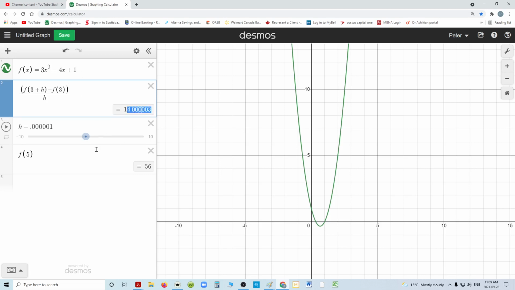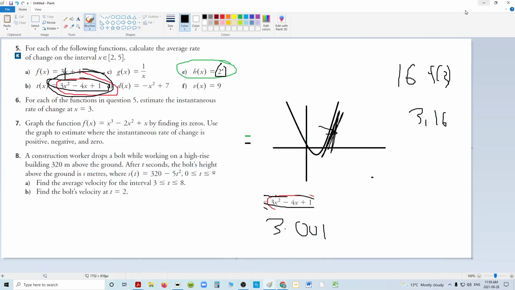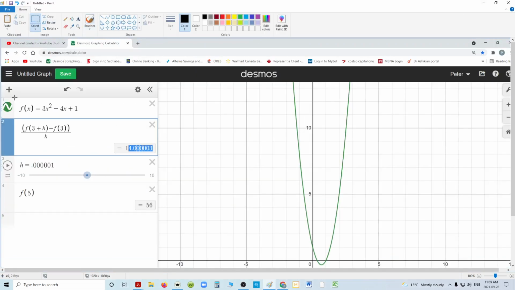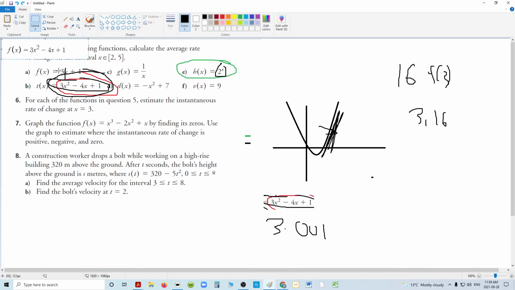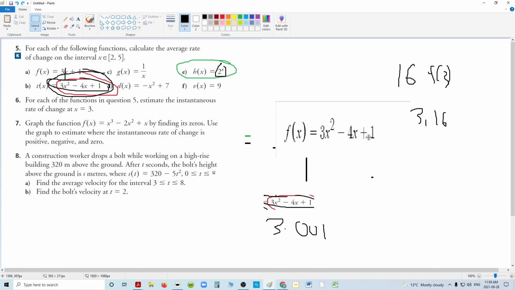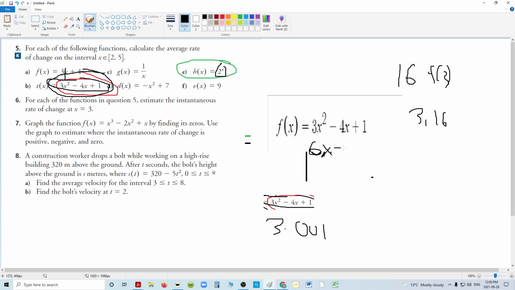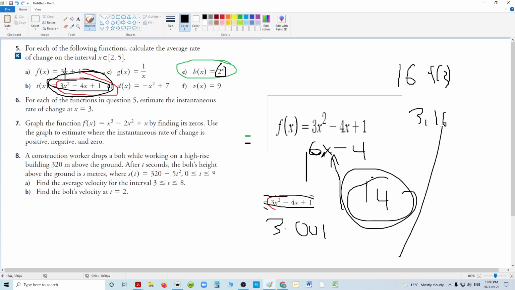I can also take that little trick I told you about and get 6x for the first derivative minus 4, and then just plug in the 3. 3 times 6, 18, minus 4 is 14. So no matter what, I can see the 14 is the rate of change.